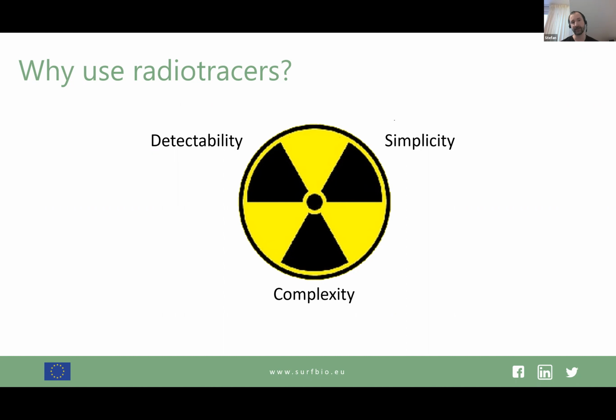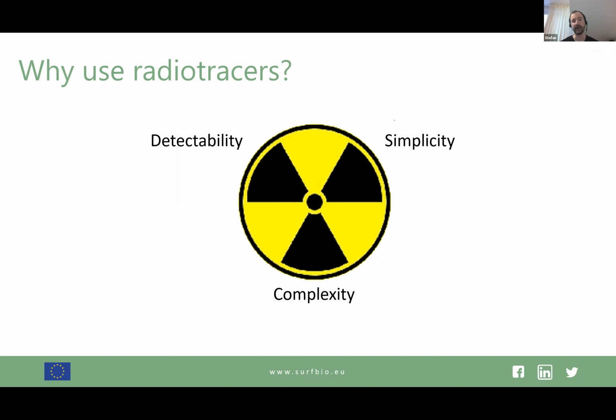Basically, the detection methods are all what you would call orthogonal to any other methods. So the detection of the radiation is not hindered by anything else in your sample. As long as this radiation comes out of your sample, you can detect it. And that comes to the third one, the complexity. What I mean by that is we can ignore complexity.